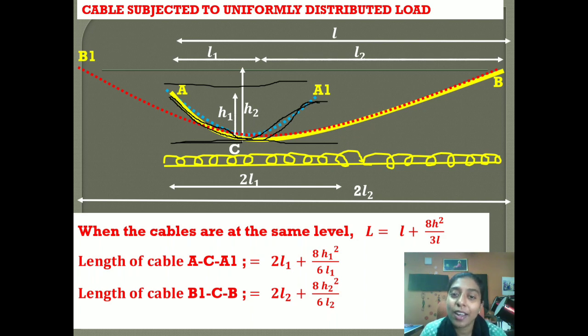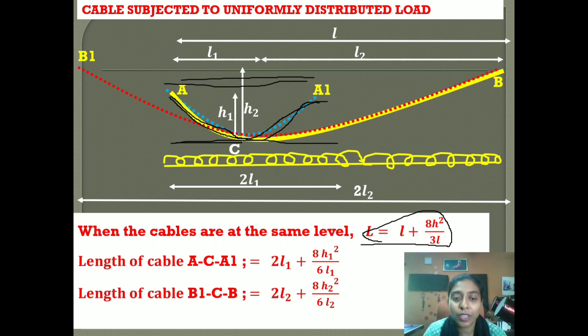When the supports are at the same level, we know the length of the cable is equal to span length plus 8h square, that is 8 dip square by 3L. Now we are going to find the cable length from A to A1.